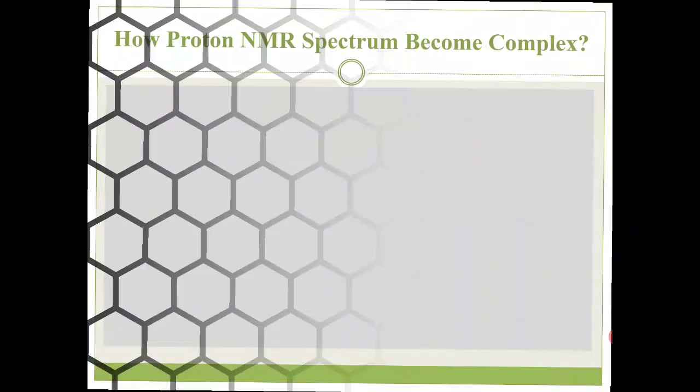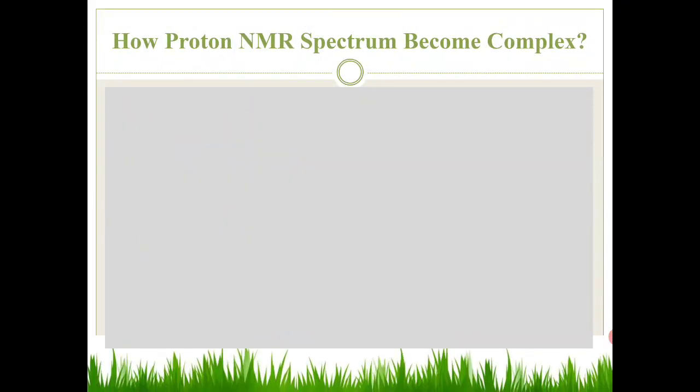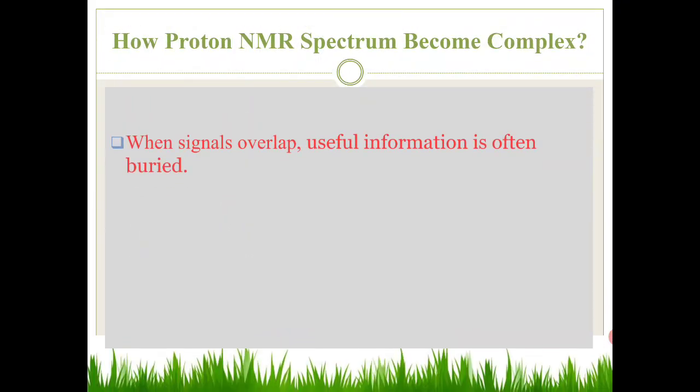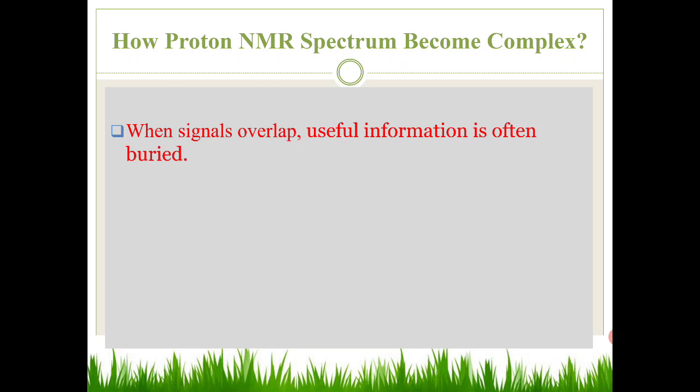So let's see what factors increase the complexity in NMR spectra. How does a proton NMR spectrum become complex? Just like I said, the alcoholic proton and the amine proton may get overlapped. When signals overlap, useful information is often buried. And proton exchange, what will happen?